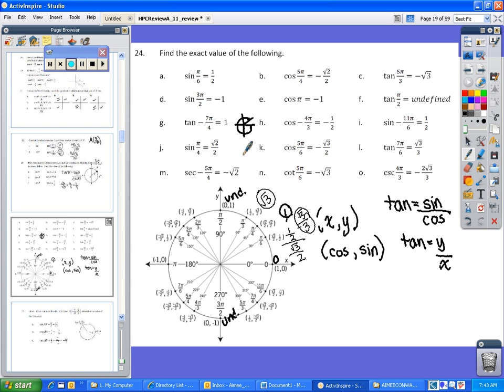Alright, so then secant is going to be the reciprocal of cosine. So if I find cosine and I take the reciprocal, then I will get my secant value. So 5 pi over 4, typically I would start here and go around to 5 pi over 4. But I want the cosine of negative 5 pi over 4. So I start here and I go around negative 5 pi over 4, which will put me here.